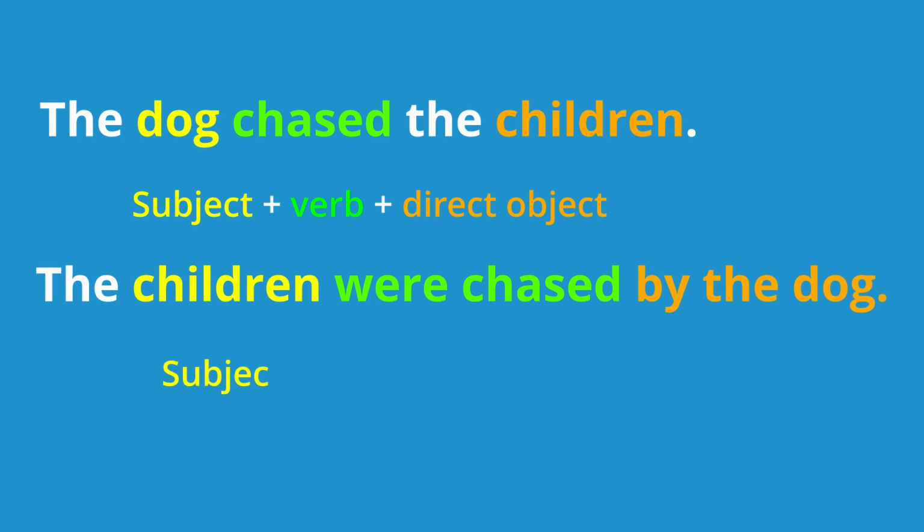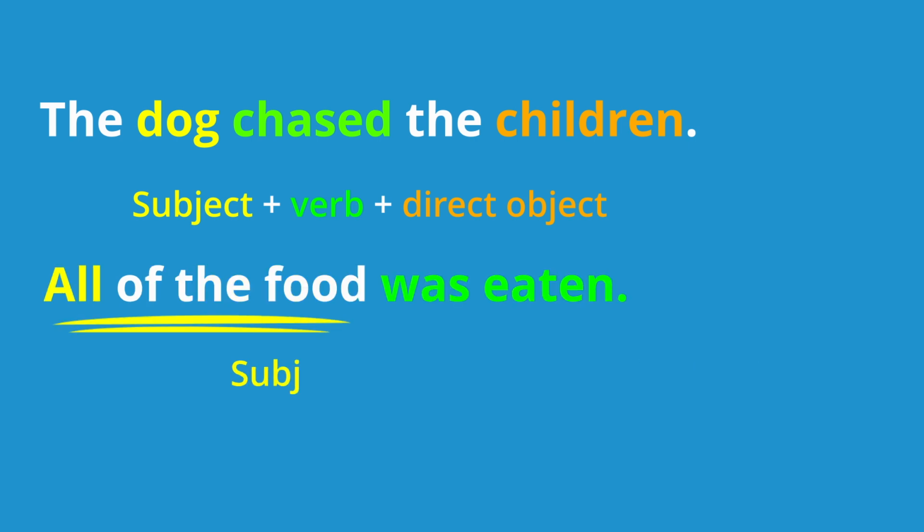Passive voice sentences usually follow this structure: subject plus verb plus prepositional phrase. Sometimes it may simply be subject plus verb. For example, all the food was eaten. In this sentence, we simply have a subject and a verb.